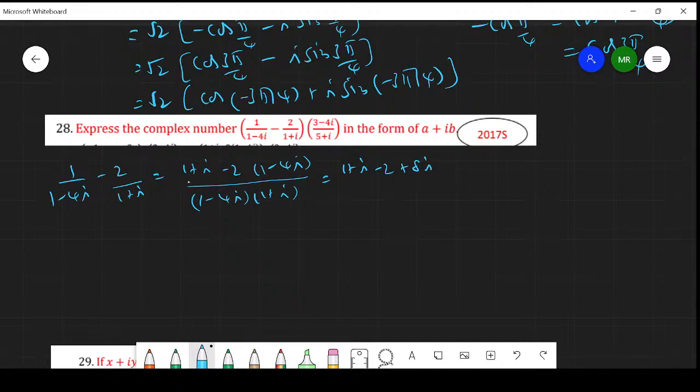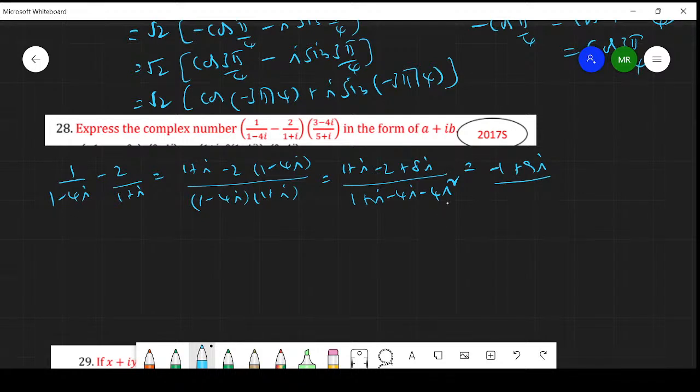The denominator is 1 plus i minus 4i minus 4i square. Then you will get 1 plus i, 1 minus 2 minus 1, i plus 8i is 9i, by this one.